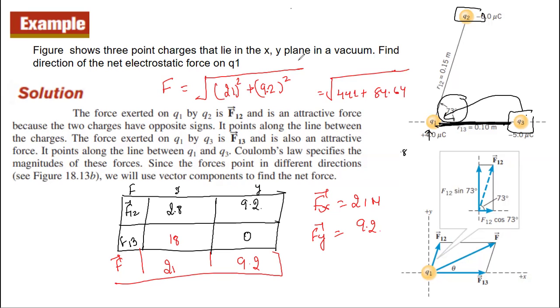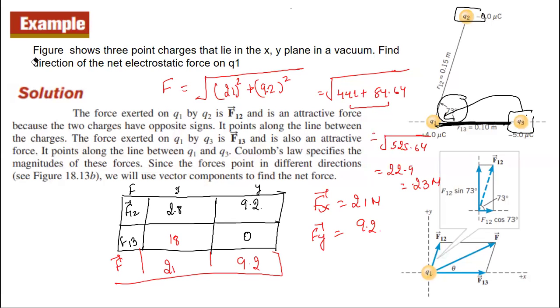Then let me add these two numbers, which gives the square root of 525.64, and the square root of this number is 22.9. You can write 22.9 as 23 newtons.